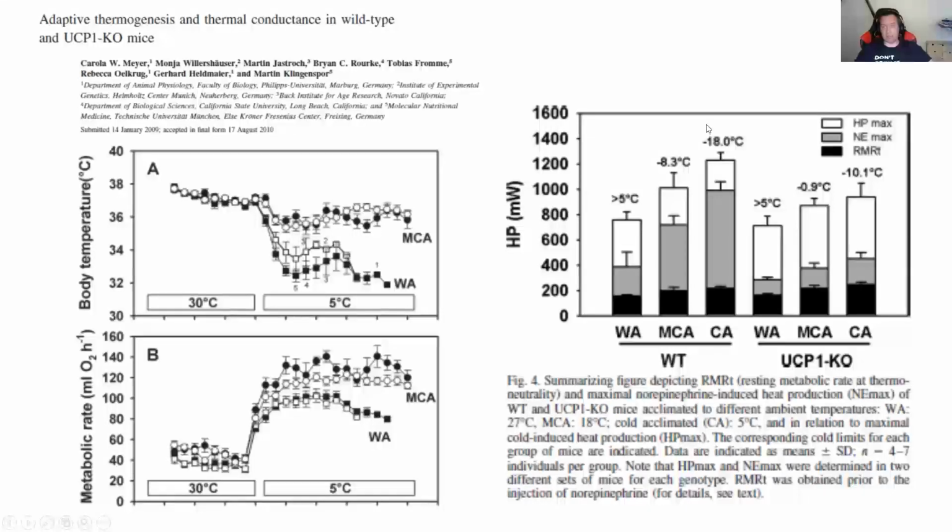Maximum heat production in a cold adapted mouse is at minus 18 degrees centigrade, whereas in a UCP1 knockout, it's only at minus 10. Below that, they will die. But you can see here that this energy equation is parsed into different sections, and the norepinephrine controlled section, which is heavily driving brown adipose tissue function, is way smaller in UCP1 knockouts than in wild types.